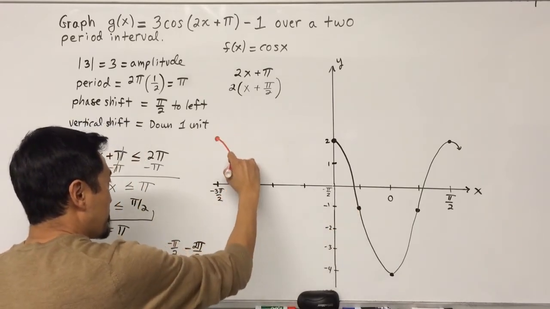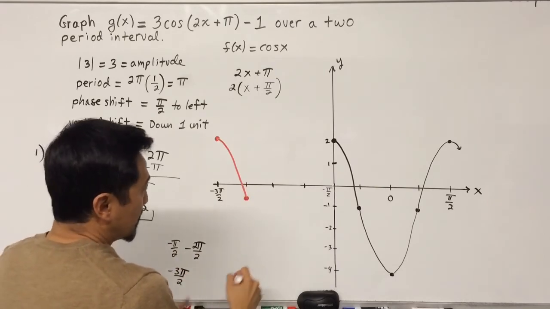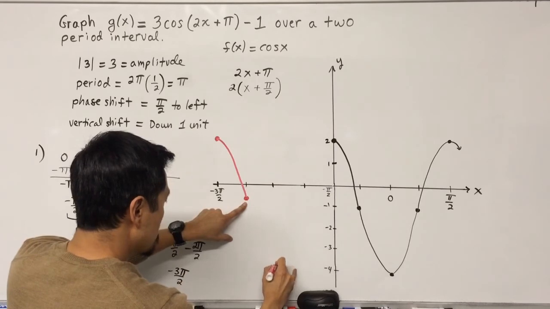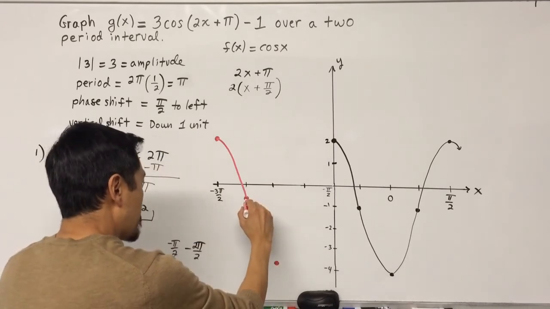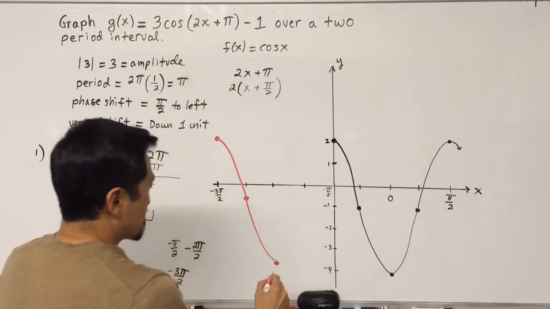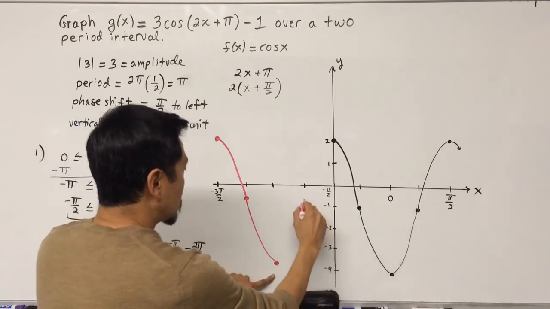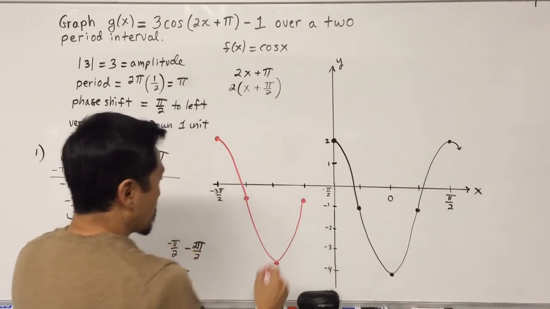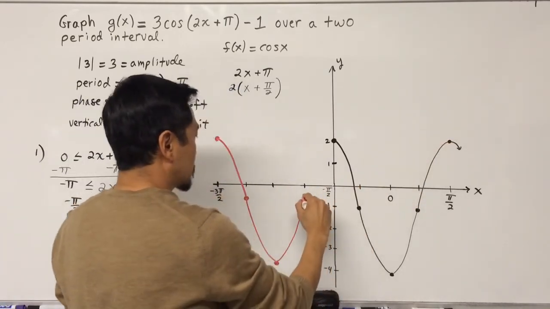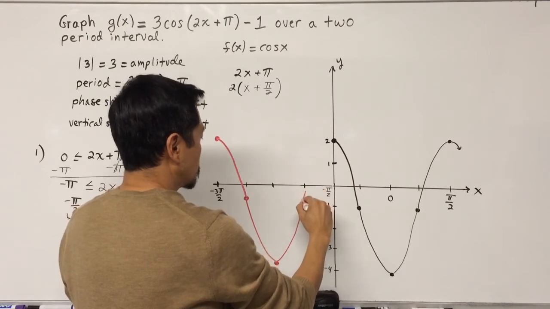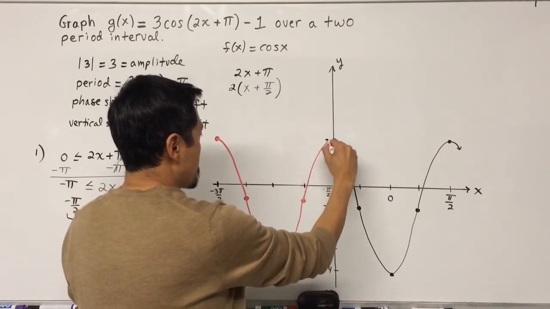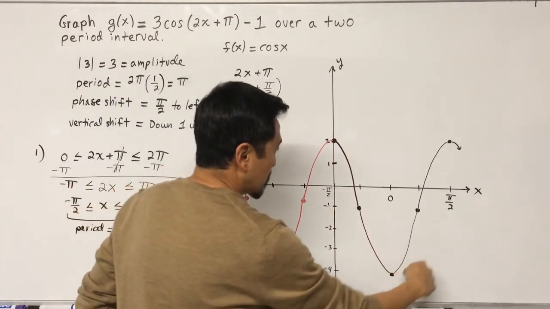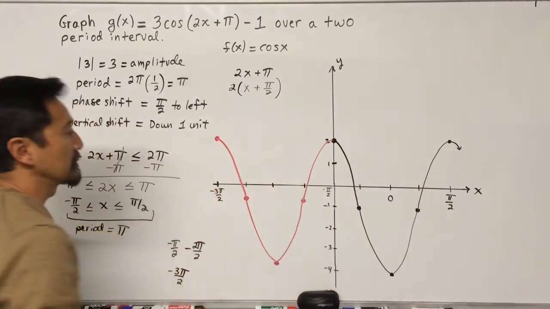And then I'm going to decrease to the minimum, which was here. And then increase back to the middle, and then increase back to the max. So that red portion of my graph is just this black curve here replicated to the left.